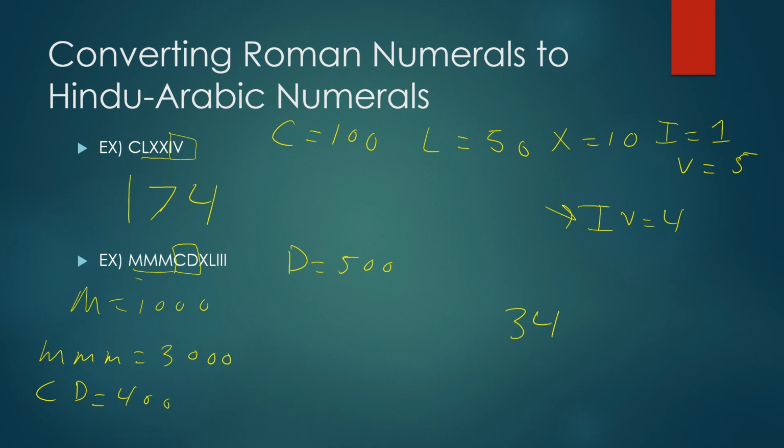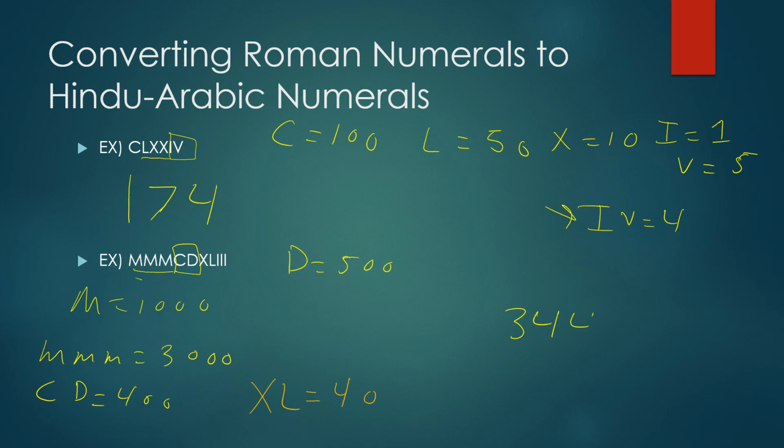XL. Now we know from the previous example that L is 50 and X is 10, but notice the order. See how X is before the L? What that means then is that we have to subtract the 10 from the L. So instead of being 50 or 60, it was actually 40. So XL in this case is 40.